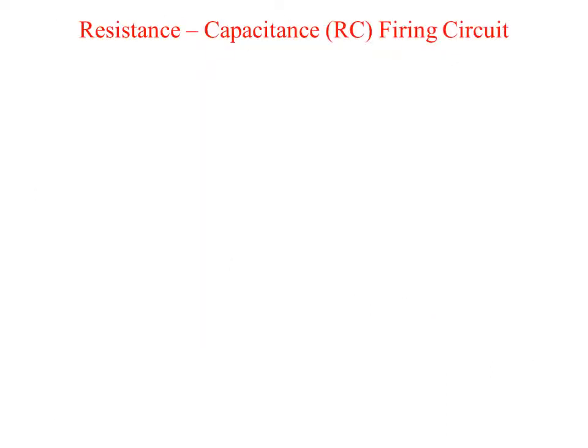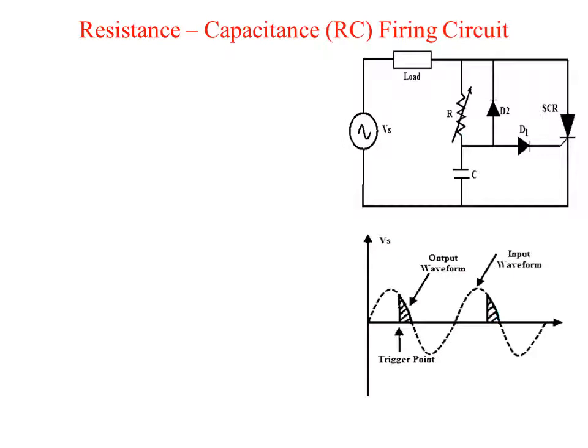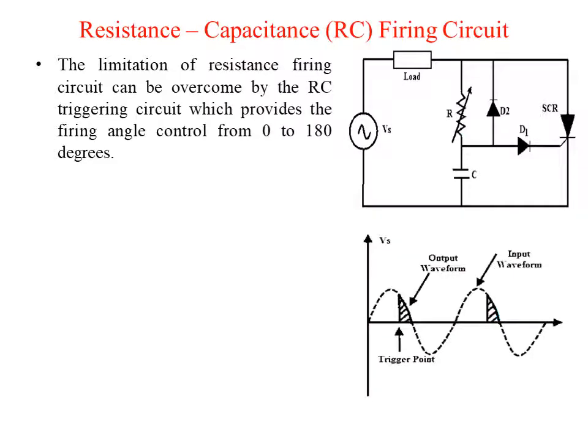Second type of firing circuit is resistance capacitance or RC firing circuit. The figure shows the circuitry of RC firing circuits and its equivalent waveform. The limitation of the resistance firing circuit, that it can be triggered up to only 90 degrees, can be overcome by using the RC triggering circuit, which provides firing angle control from 0 to 180 degrees.